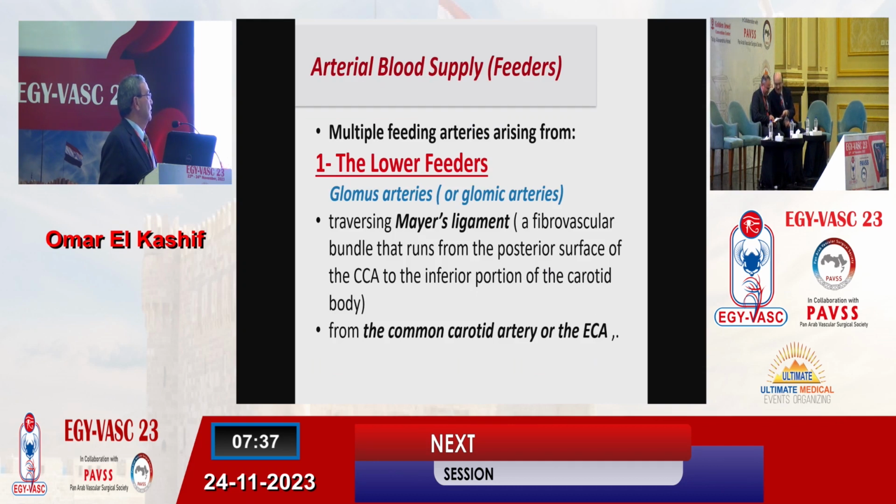And the arterial blood supply is well described now as the lower feeder from the glomus arteries or glomic arteries passing through the Mayer ligament.